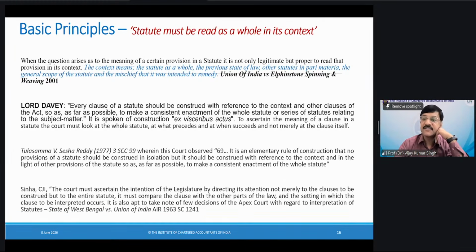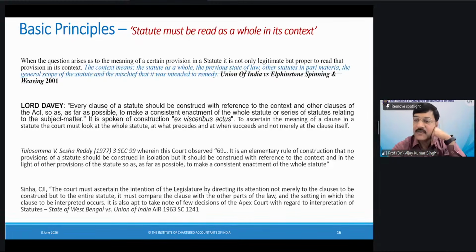Similarly, Sinha CJI in State of West Bengal versus Union of India said the court must ascertain the intention of the legislature by directing its attention not merely to the clauses to be interpreted, but to the whole legislation, the complete legislation. You should look at it.